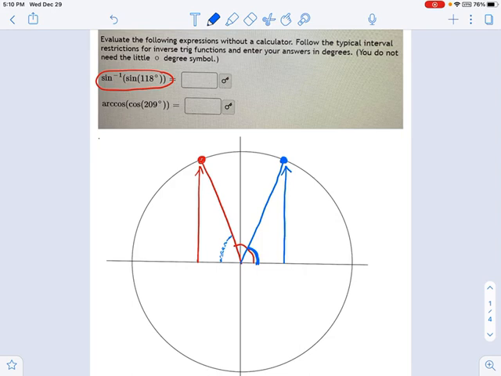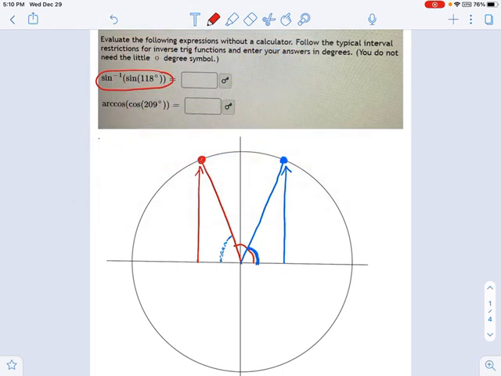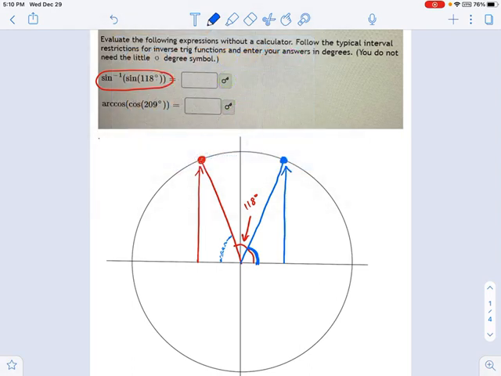Well, what's that angle? If I have 118 degrees over here, I should be able to figure out what that blue dotted angle is inside the red triangle. I'll pause. Well, you should pause the video here and try to do it for yourself. But just in my head, I'm thinking, okay, well, 180 degrees, I'll call that x, equals x plus 118 degrees.